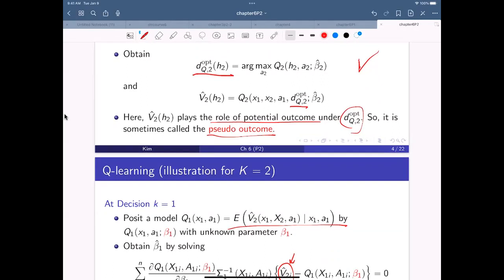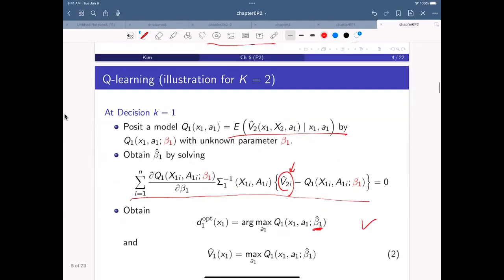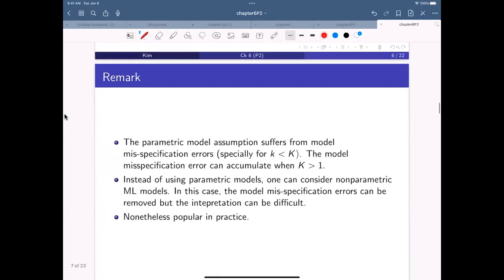So how you actually compute the parametric form of the model is not easy. So basically parametric model assumptions cause model misspecification errors, and the model error can accumulate because you keep sequentially modeling, so that may be serious.